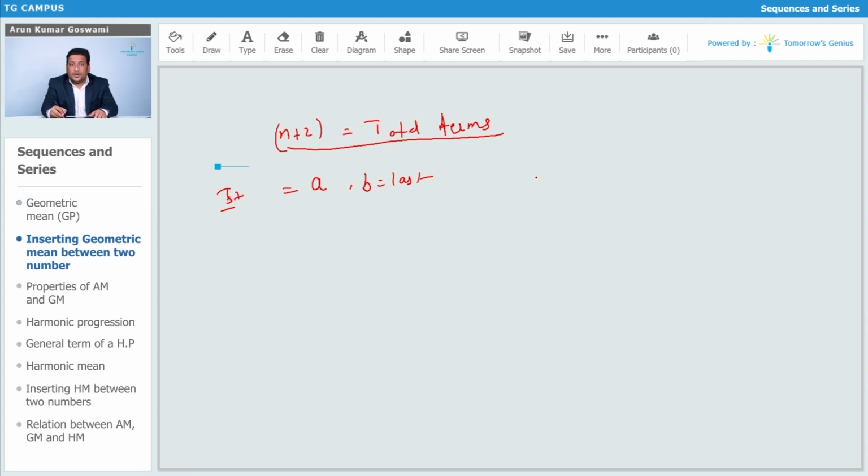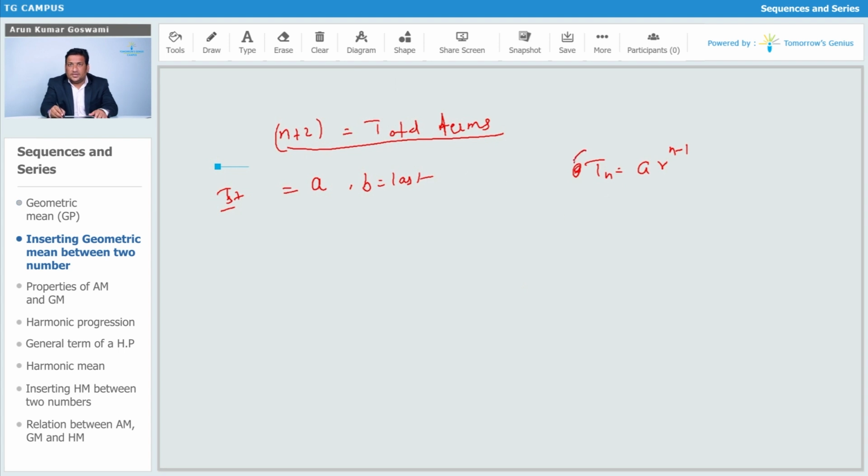According to the general formula, the nth term Tn is equal to a into r to the power n minus 1. We have to find the common ratio.